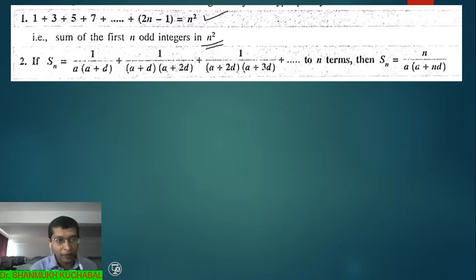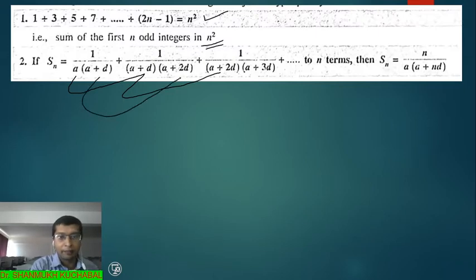So one more, Sn equal to 1 divided by a into a plus d. You can see the first factor a plus d, a plus 2d, like that. It is an arithmetic progression, that is an AP. Similarly, one more, a plus d, a plus 2d, a plus 3d, and so on.